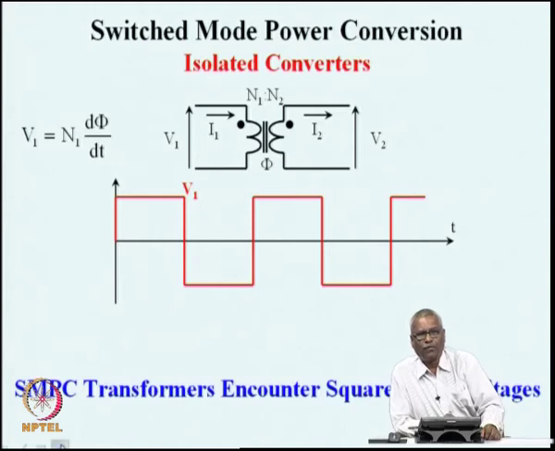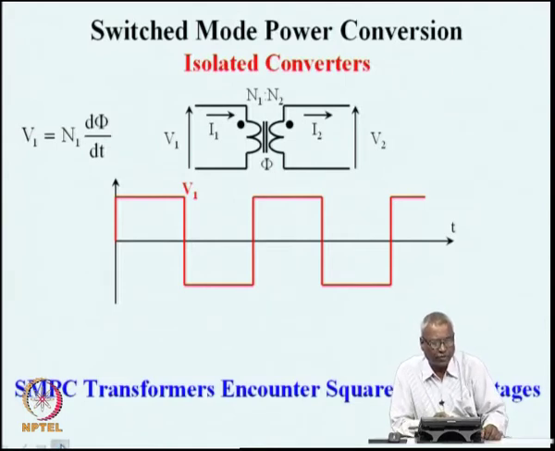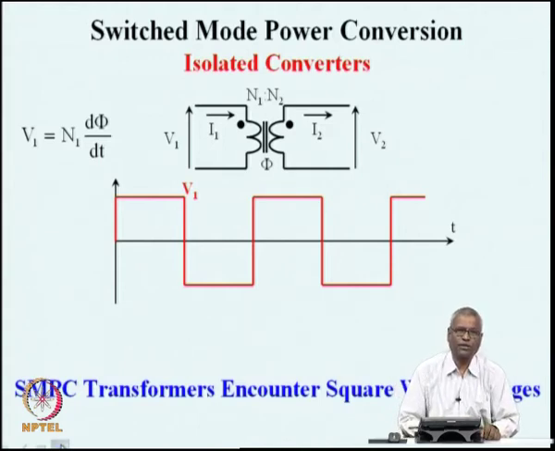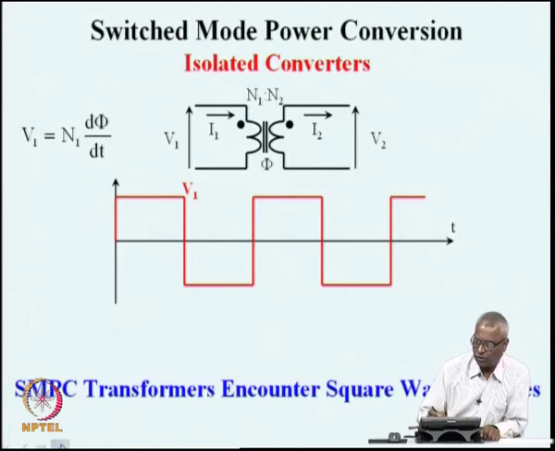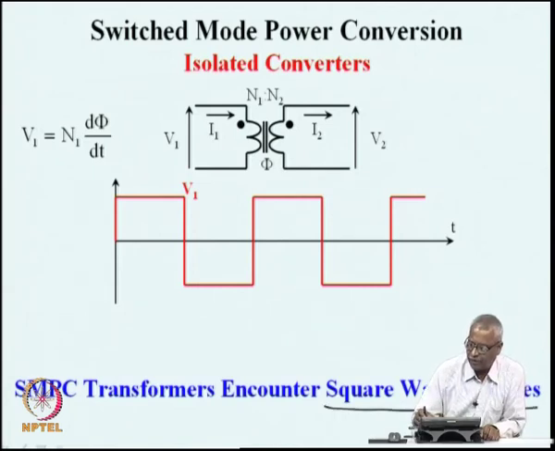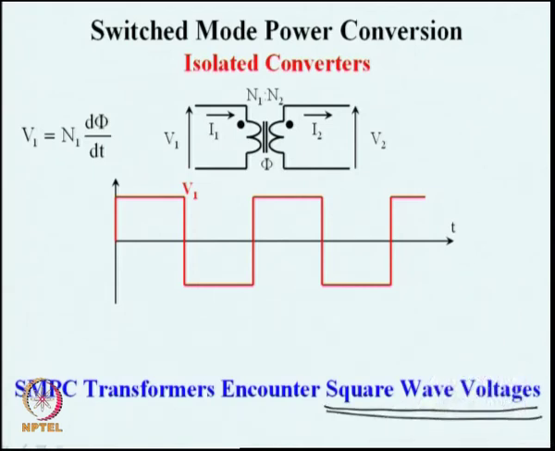But in a switched mode power converter, we do not apply sinusoidal voltages to transformers. Invariably, we apply voltages which are square wave in nature, a certain voltage for some time and some other voltage for some other time and so on. Here I show a square wave excitation of a transformer.